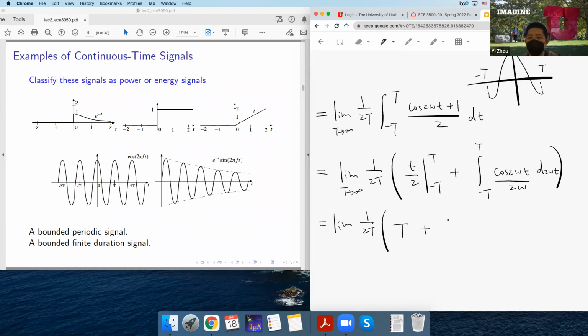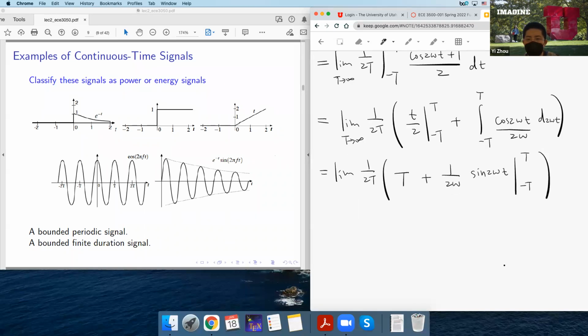And this is 1 over 2 omega, now this is sine 2 omega t evaluated at negative T and T. Okay, continue. This is T divided by 2T, which is 1/2.